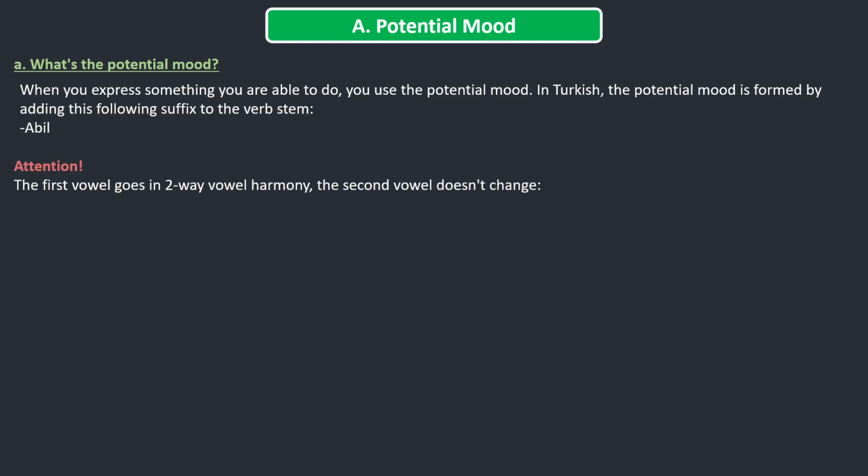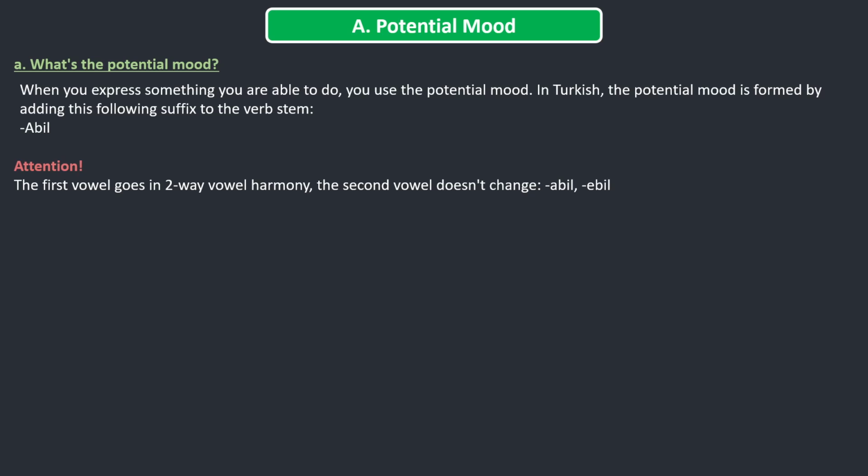For example, this can be either abil or ebil. You can see them here, abil or ebil. Only the first part changes. The second part, even if it's a, this is against the vowel harmony rules, but it's just how it works. It's the rule itself, abil or ebil.